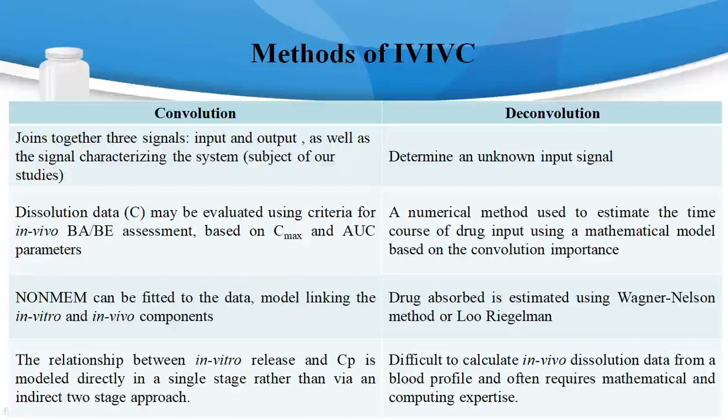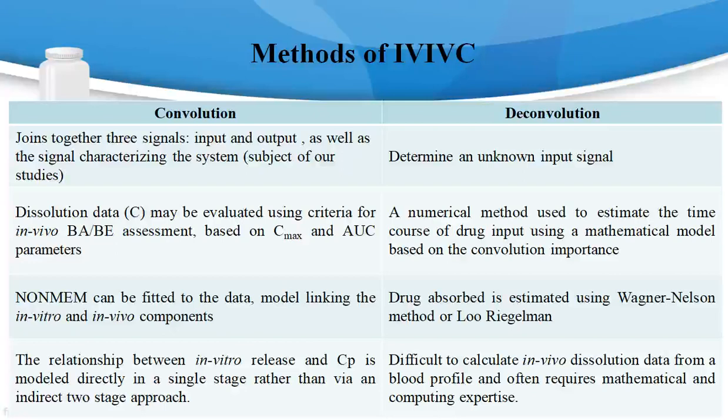Numeric deconvolution is a numerical method used to estimate the time course of drug input using a mathematical model based on convolution. In convolution, we use computer software, and a non-linear mixed effect model can be fit to the data, a model linking the in vitro and in vivo components.